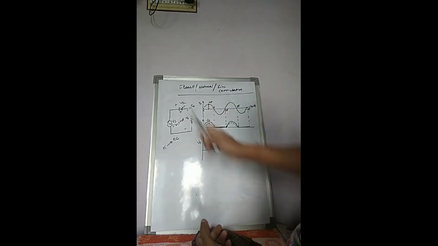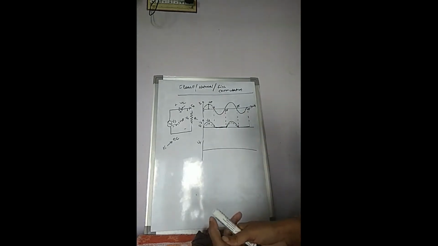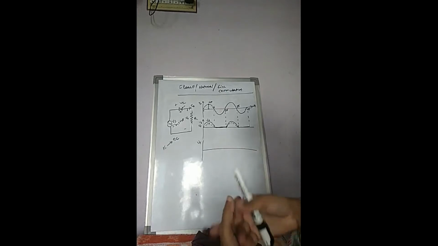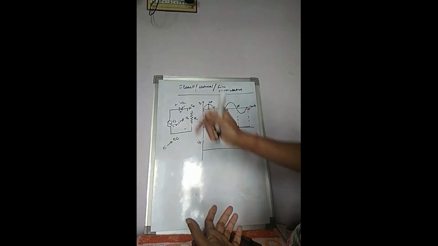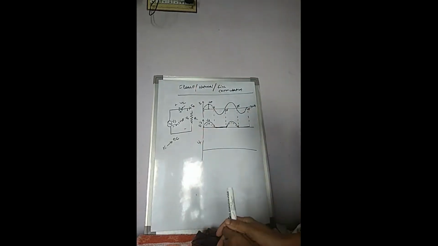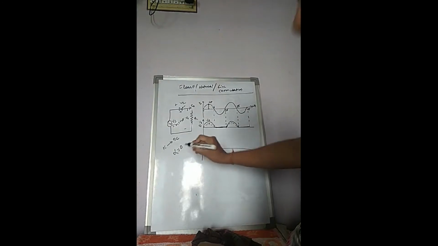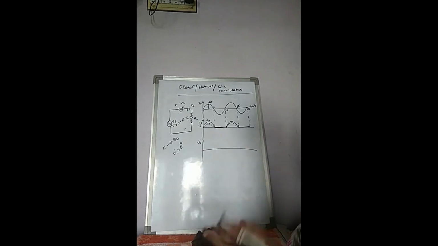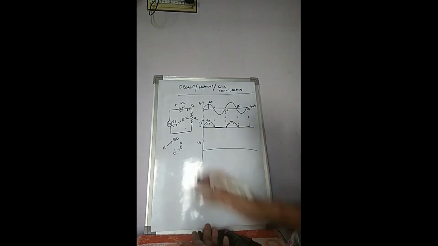See, we can give different thyristor gate pulses at different angles, like 30 degree, 15 degree, 45 degree, 60 degree. But here we assume that the firing angle is equal to 0. So what is this firing angle? We will study in the controlled rectifier part. Okay, so for now you just remember that the firing angle is equal to 0.